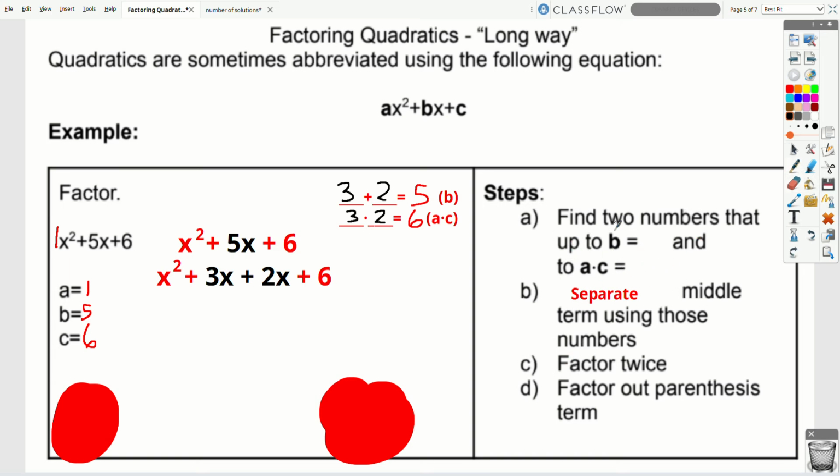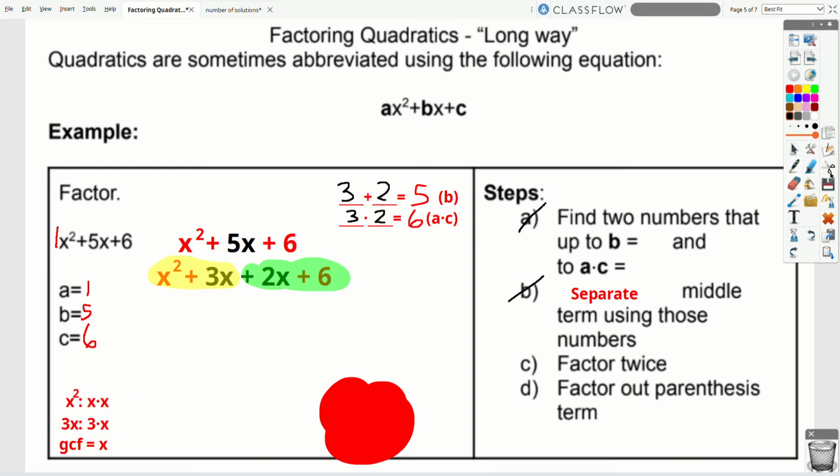Now we need to factor twice. We factor half of the equation individually. We're going to factor these two, and then we're also going to factor these two. This is where we want to use the shortcut.